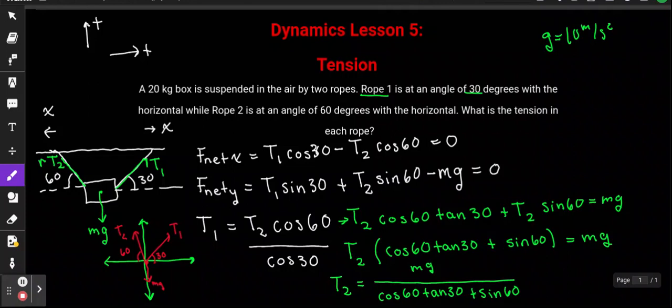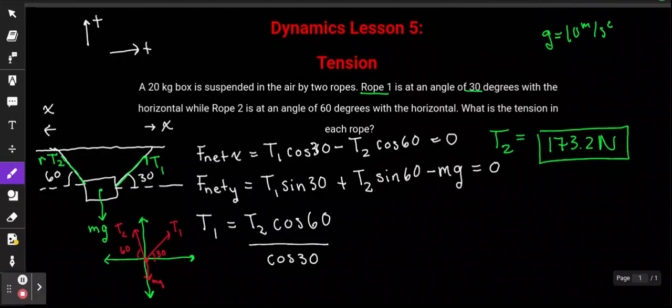This gives us a tension 2 of 173.2 newtons. Okay, now that we have tension 2, we can easily find tension 1 using this equation. We have tension 1 in terms of tension 2. So tension 1 is equal to 173.2 newtons times cosine of 60 divided by the cosine of 30.